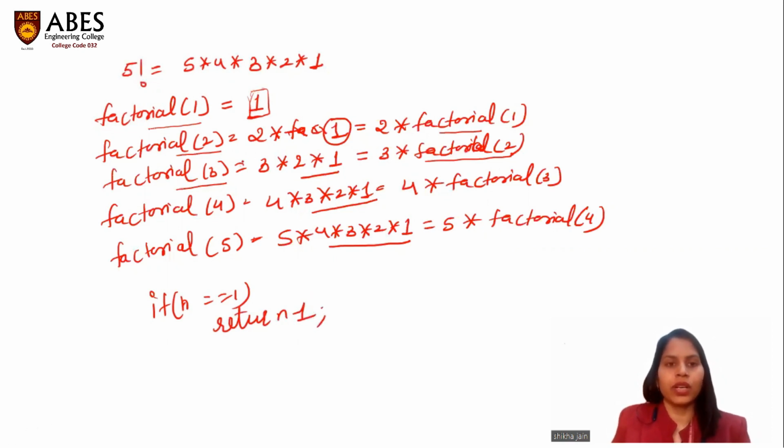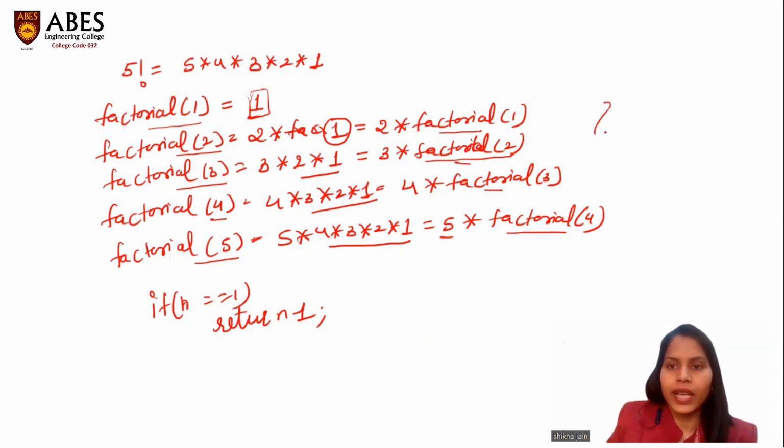And what is the recursive case? We see here factorial 5 is further divided into 5 into factorial 4, means it is dependent on the previous statement, that is factorial 4. Now factorial 4 is dependent on factorial 3, and factorial 3 is dependent on factorial 2.